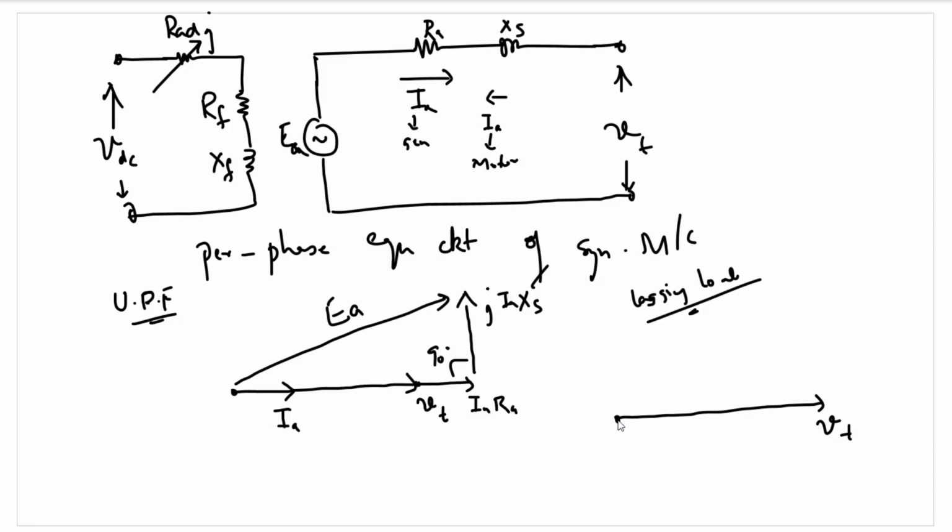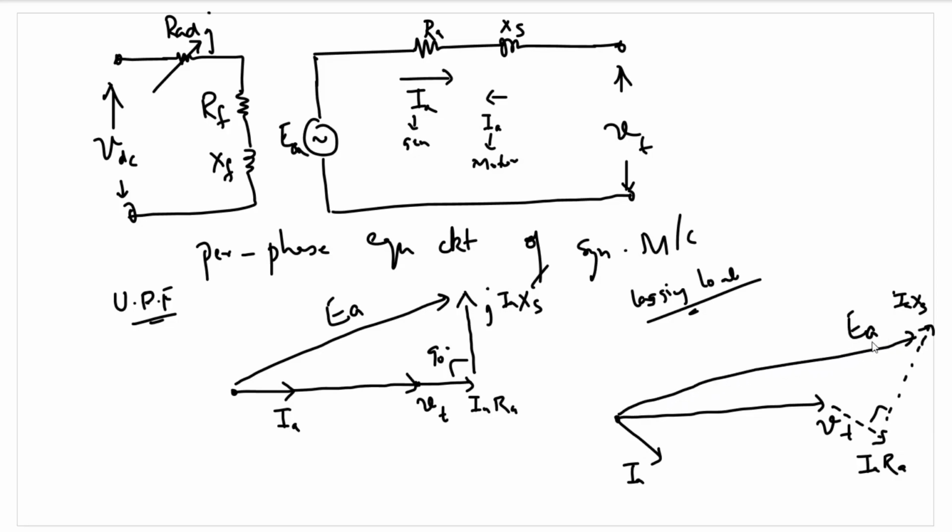Since it's a lagging load, Ia will be in this direction and IARA will be parallel to this, and j times IXS will be at 90 degrees to this. So this resultant will be the induced voltage EA. Now this is for a lagging load.